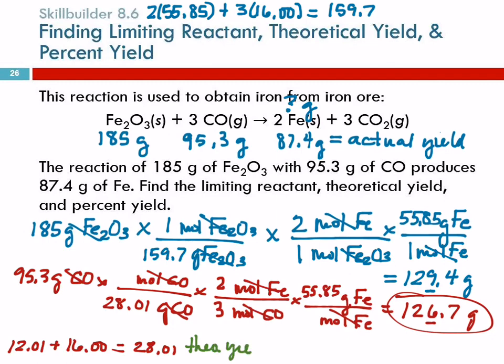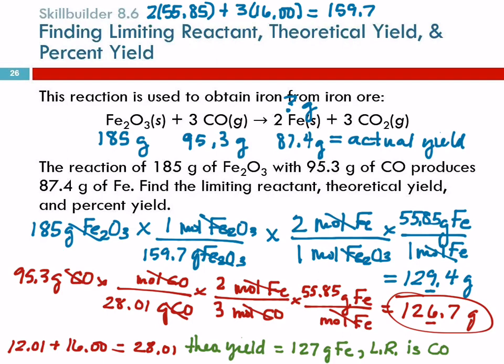Theoretical yield equals 127 grams of iron. That is a final answer, so I'm going to round and use the correct number of significant figures. What is the limiting reactant? It's the carbon monoxide, the CO. Because if we take this and trace it back to see what started all of that, it was the CO.